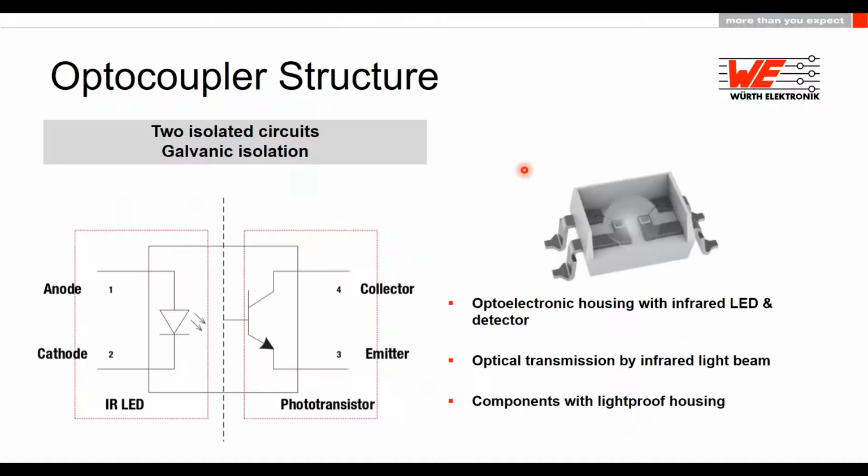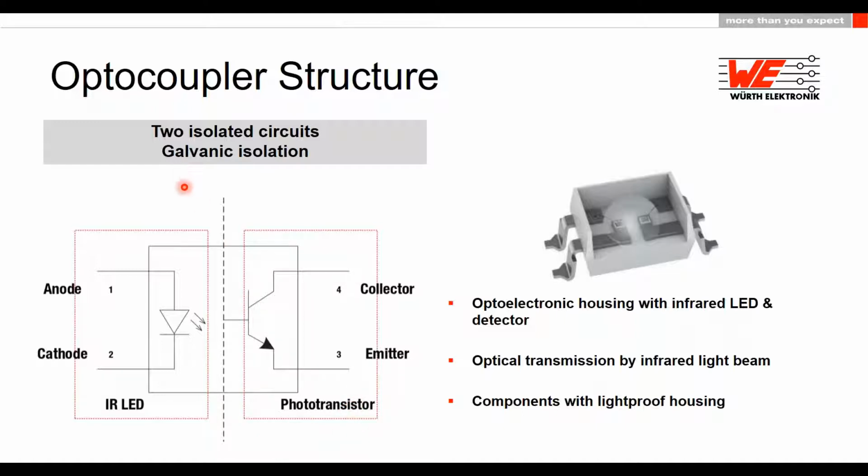Now we can go deeper into the optocoupler structure of this phototransistor type. In general, optocouplers are also called opto isolators, and the components consist, as I showed you in the slide before, of an infrared LED on the input side and a light sensitive component, in our case the phototransistor, on the output side.